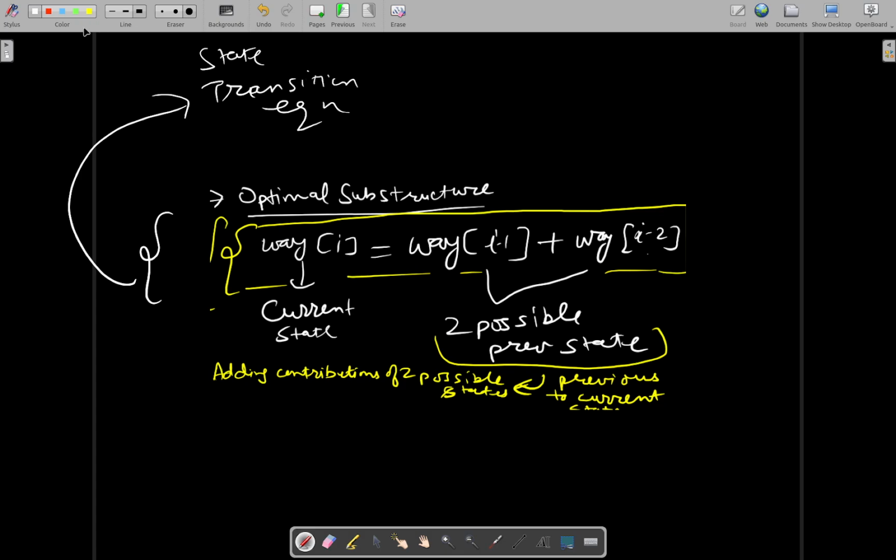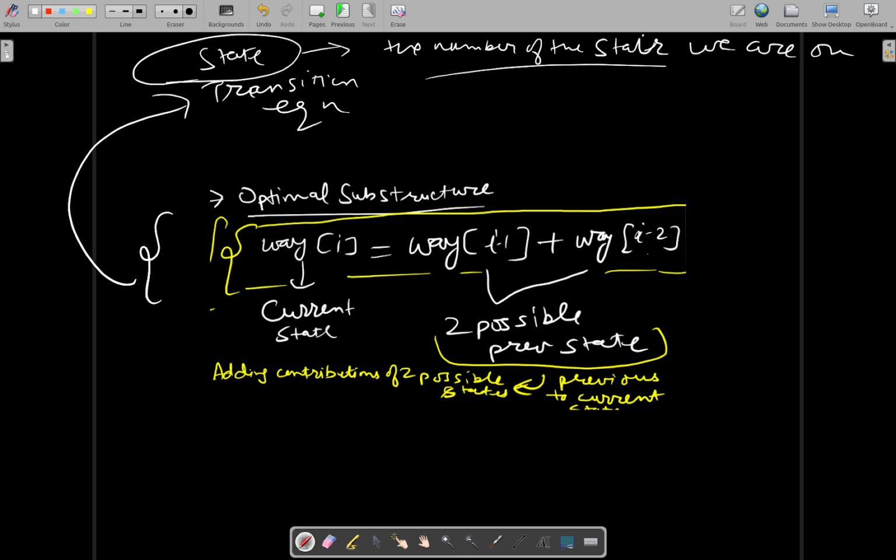Now you may ask, what are the states here? States are nothing but the steps or the stairs, the number of the stair that we are on. So this is what the stair is in this particular problem.